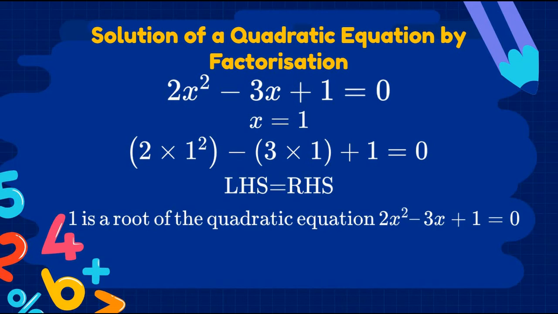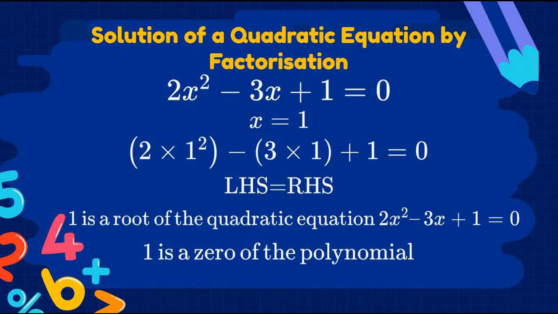We also know something else from this. This also means that 1 is a 0 of this quadratic polynomial 2x square minus 3x plus 1. In the beginning of the video itself, I have told you the difference between a polynomial and an equation.